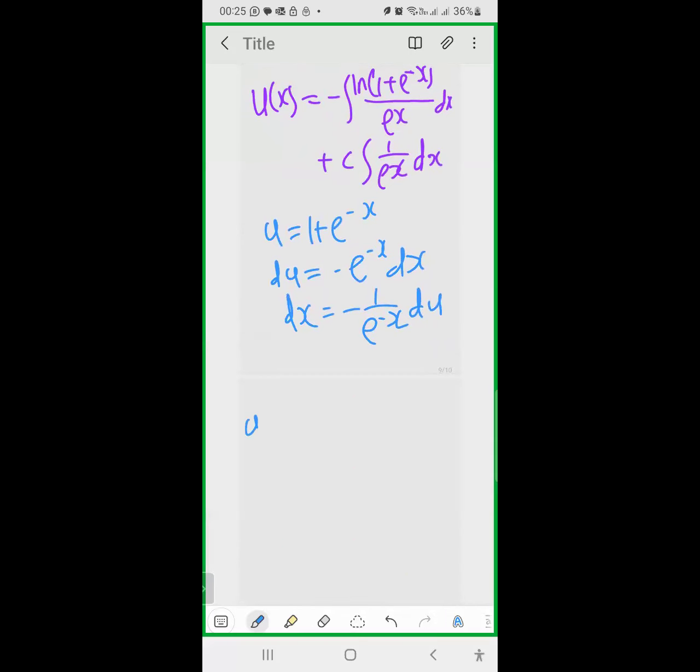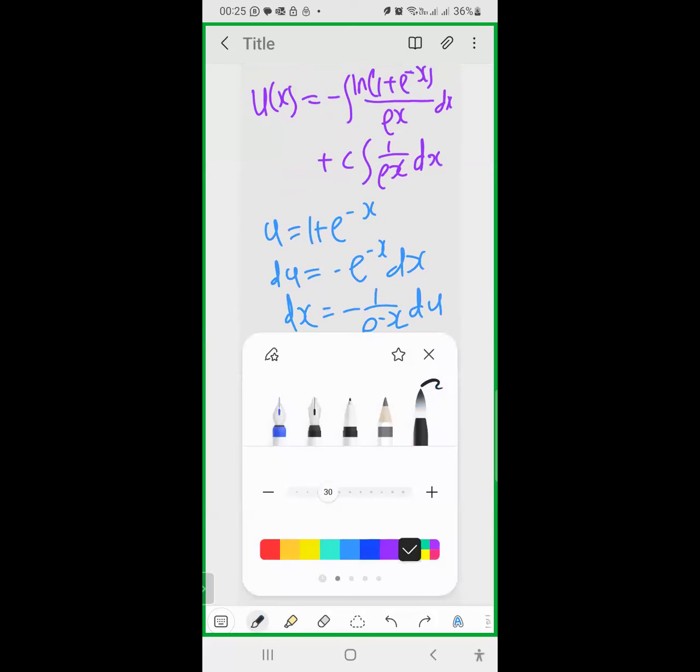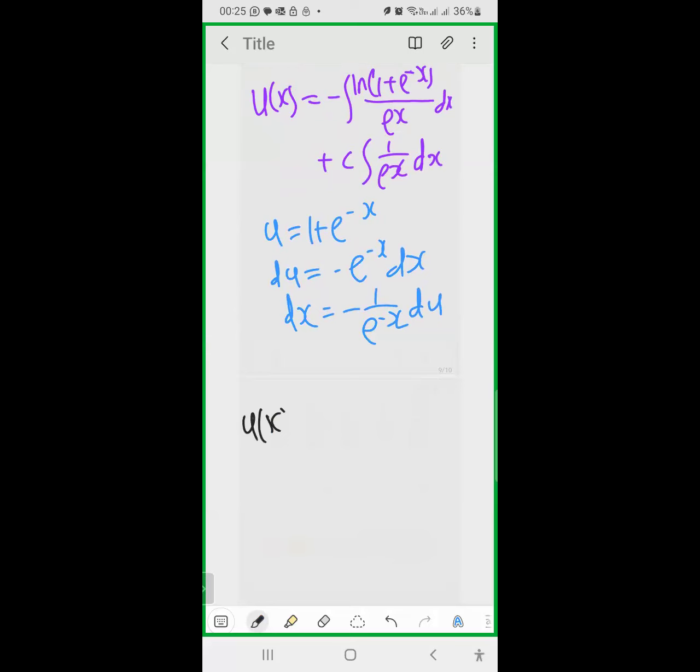Now we have u of x equal to minus the integral of ln of u, and then we divide this by e to the power x, and then we're going to multiply this by the new dx, which is minus 1 over e to the power minus x du.